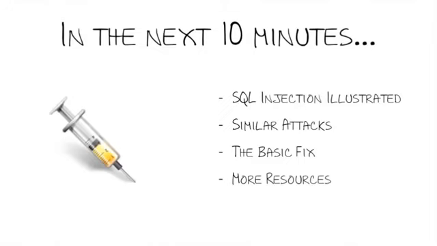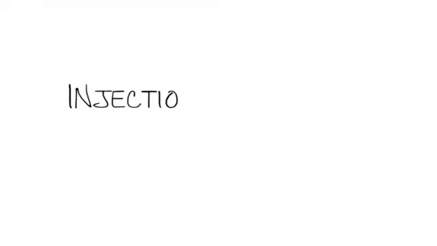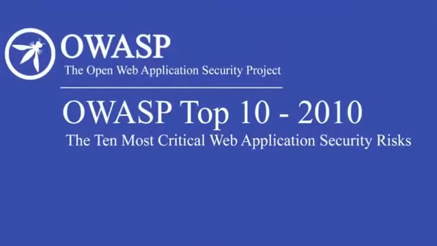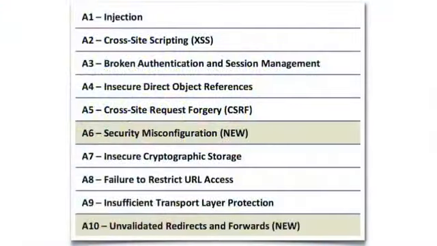So let's get started. First of all, injection attacks are a very serious problem. To give you some idea, every few years, the OWASP Foundation puts out a list of the top security risks for enterprise web applications, known as the OWASP Top 10. The list reflects the collective judgment of many security professionals in the industry.